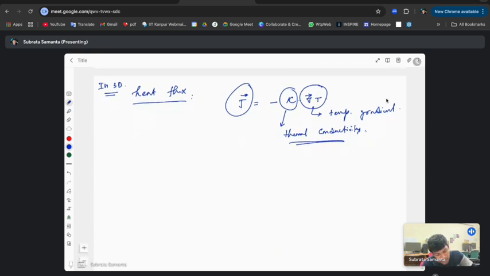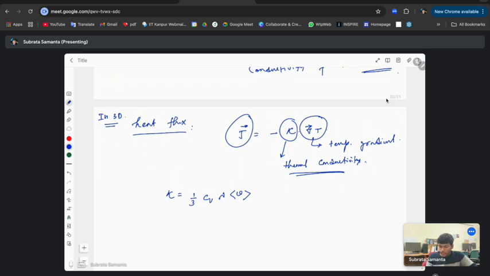Now what is the formula of kappa? Kappa is basically 1/3 Cv times lambda and V, where Cv is the heat capacity per unit volume. This is important.